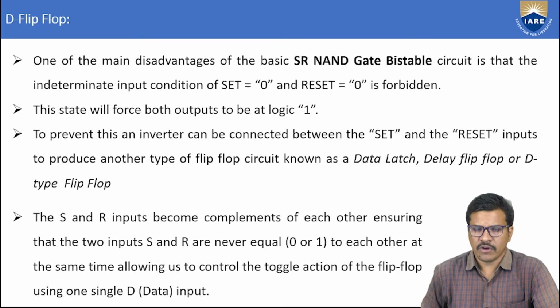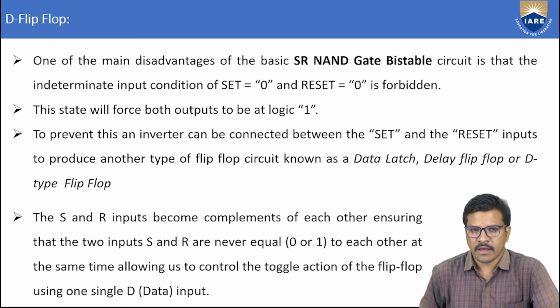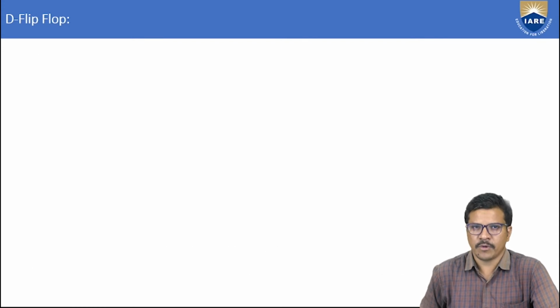Let us see how it is connected to avoid equal inputs, which cause the forbidden condition in the SR flip-flop output.